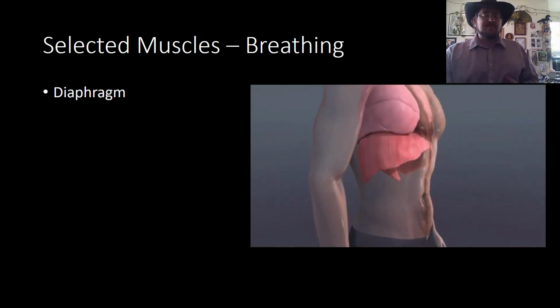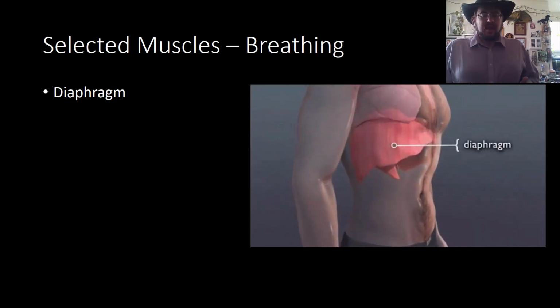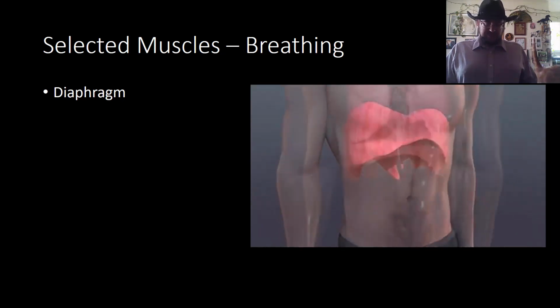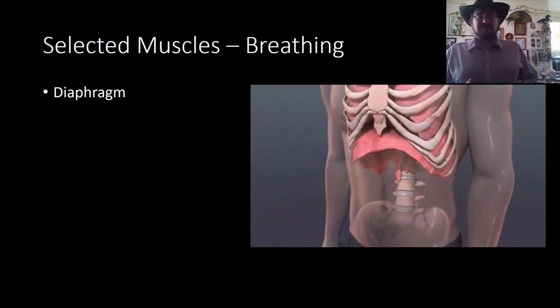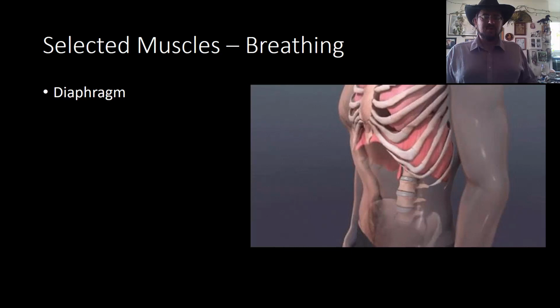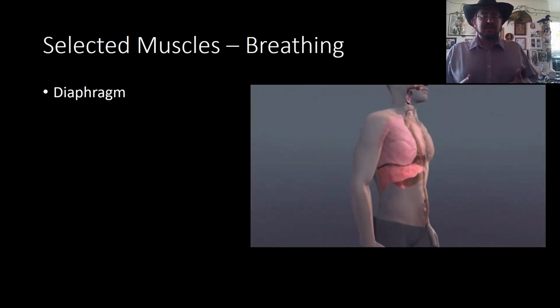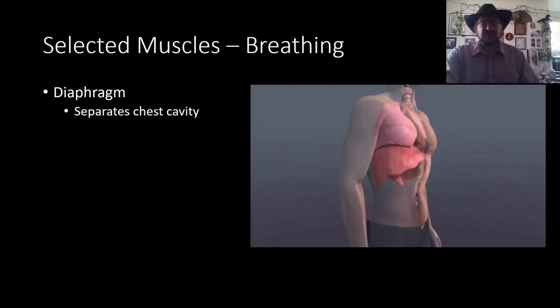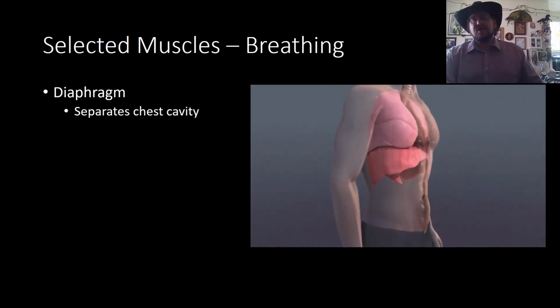When the diaphragm contracts, it pulls down into your guts. Contracting pushes the diaphragm down. Relaxing pushes the diaphragm up. So it separates the chest cavity out, right?